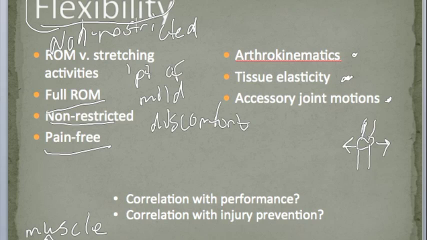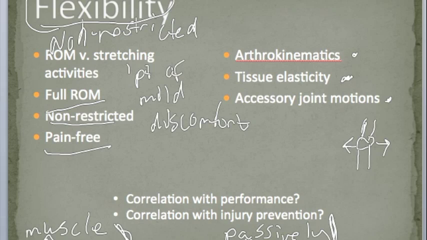Versus static, in which the joint is being moved passively. So this is sort of your voluntary range of motion. This is your assisted or passive partner stretch type of flexibility within a joint section.